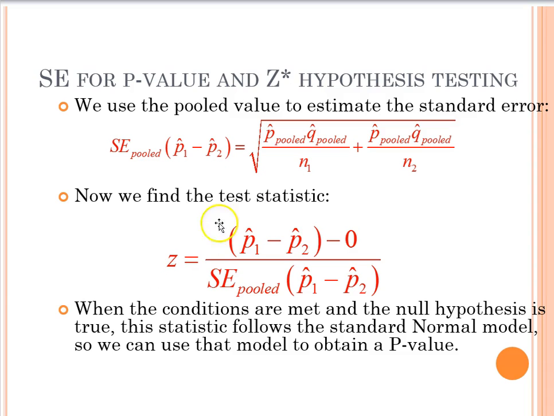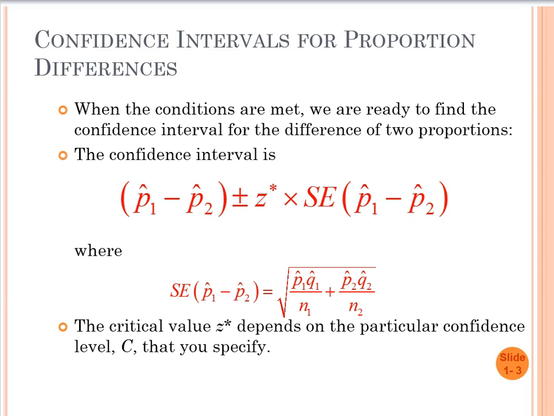Again, we pool together our two proportions to get our standard error that we called a pooled standard error. However, when we construct confidence intervals, we use a slightly different standard error. You can see here that the standard error for our confidence interval is actually keeping the two samples separate.